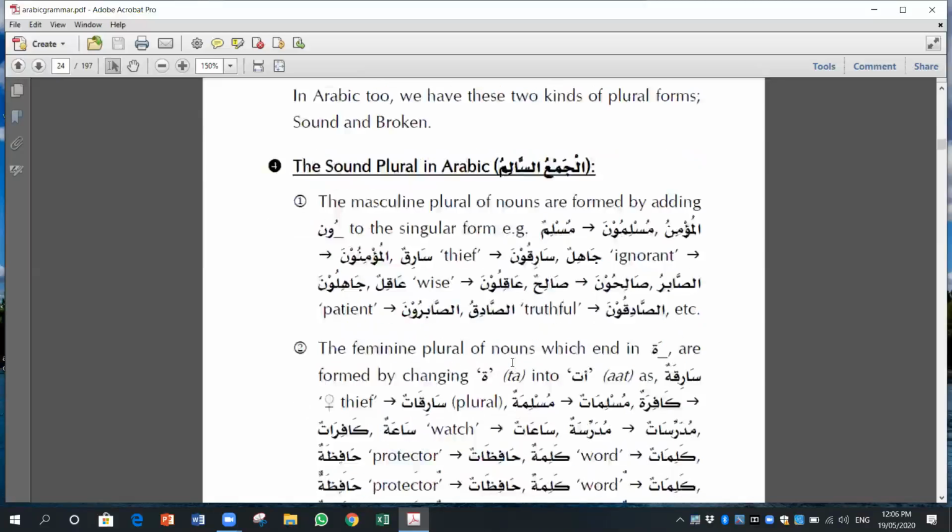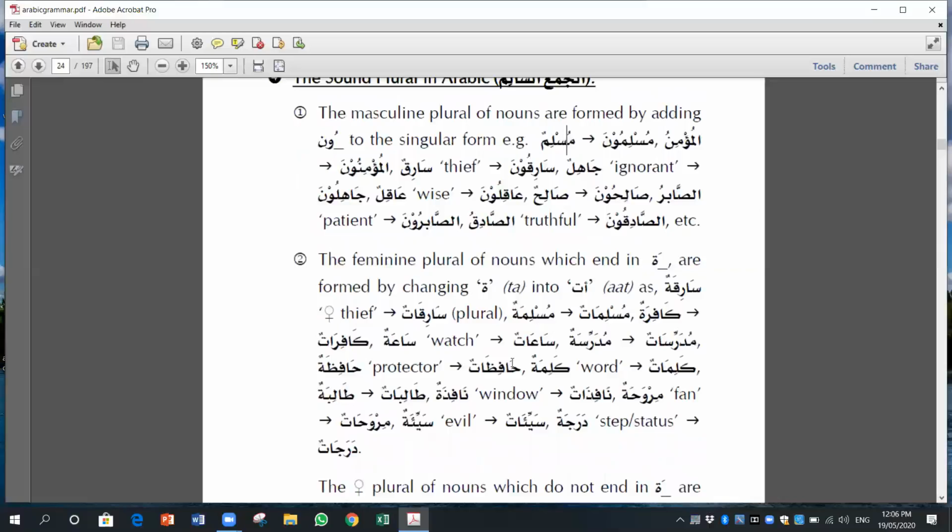And in the feminine case, how do we form Jama Salim for the females? We will put alif and ta. Instead of this small ta, because we studied that this ta is the symbol of mu'annas, feminine nouns. Mostly the adjectives have this ta, not the personal nouns.